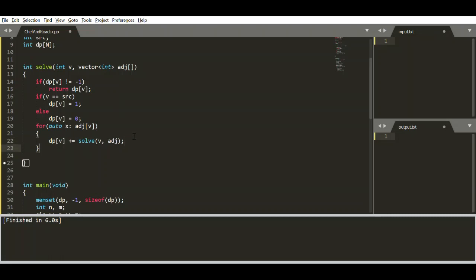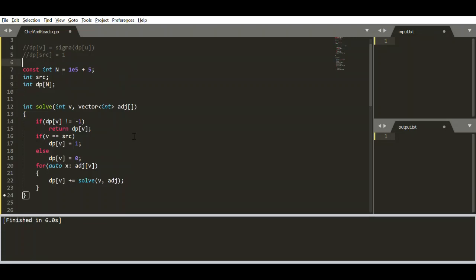Okay, so yeah, but this statement is wrong as well, as it's just a little subtlety in implementation. We need modular arithmetic. So let's define the mod, which they've given as 1e9 plus 7, and using modular arithmetic rules, dp of v is equal to (dp of v mod plus solve of x comma adjacency mod) entire mod.